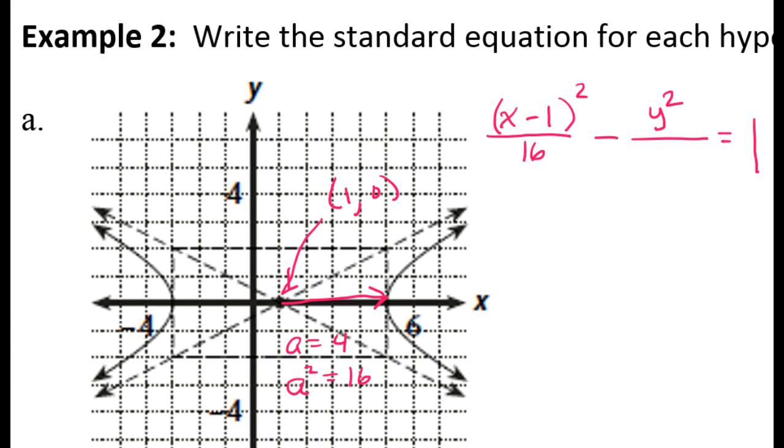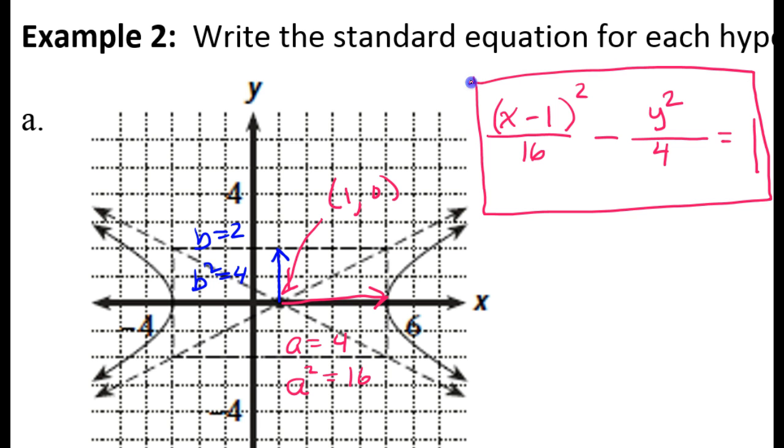The b value is the distance from the center to a co-vertex, which is not an actual point on the hyperbola, but it would be the side of this rectangle. So I can see that the b value is 2, so therefore b squared is 4. So that's going to be this denominator. So that's it. Here's the standard form equation of this hyperbola.